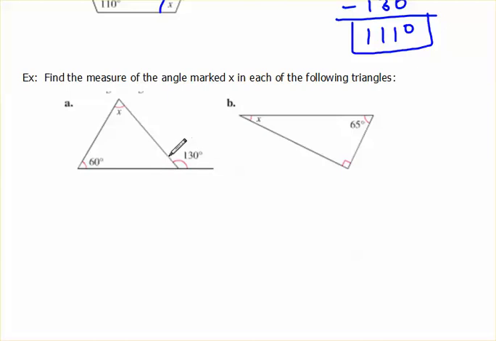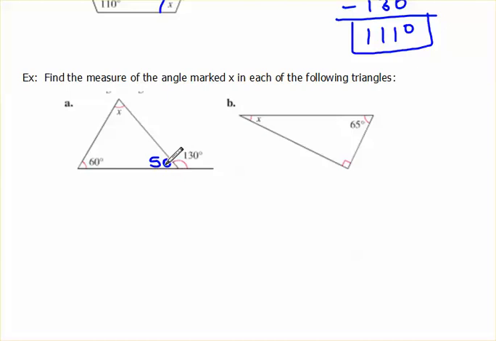But is there a way that we could figure out what this inside angle is? Well, absolutely, because what do we know about these two angles? They form a straight line, or 180 degrees. So that means this angle has to be a 50 degree angle to add to 130 and end up with 180.